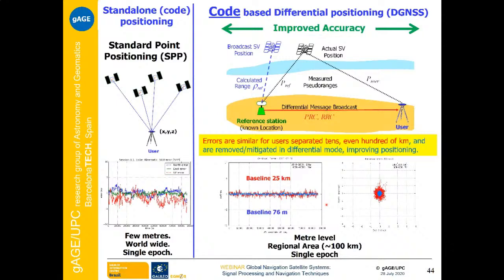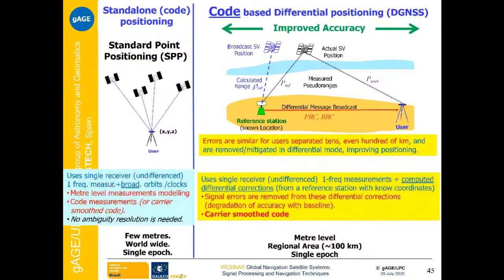The idea is that we can accept residual errors larger than when we work with carrier phase, because the error of code is meter level, and we can assume residual errors at the meter level or decimeter level. This is not as strict as with carrier phase positioning. And here are the main concepts.